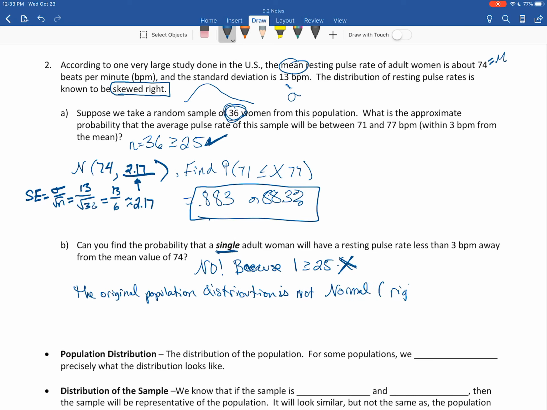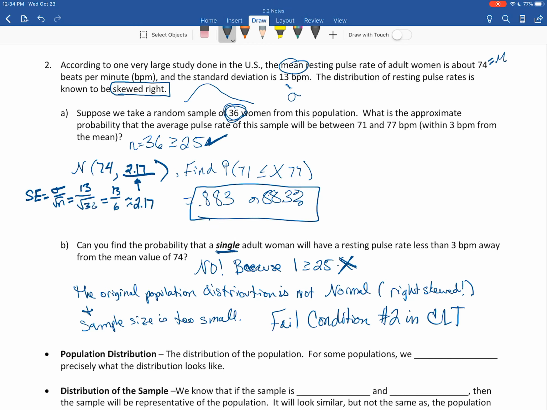It was right skewed. And the sample size is too small. So we fail condition 2 in the CLT. That means we are not allowed to apply the normal calculator here, and we are not able to proceed finding that probability.